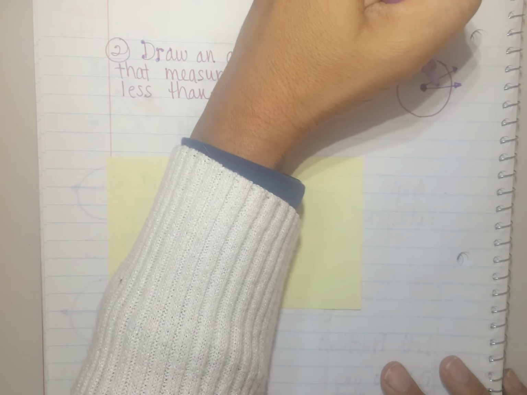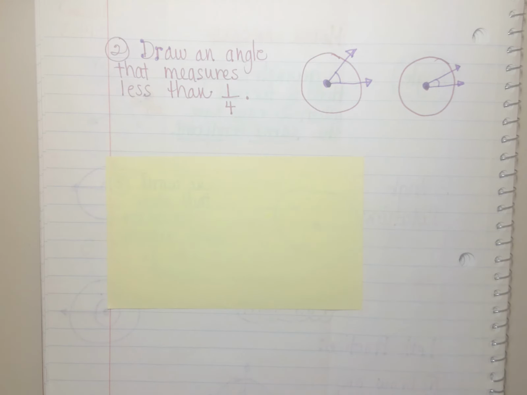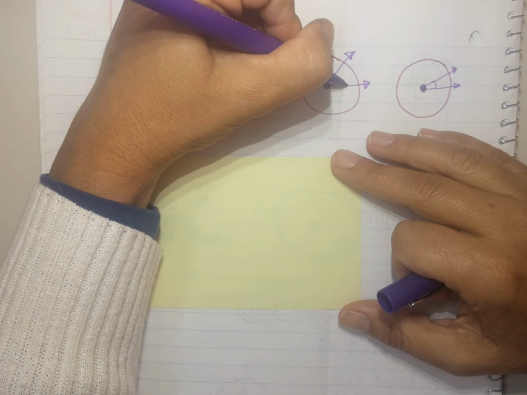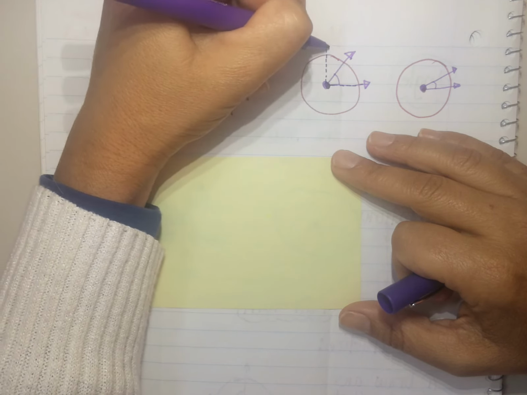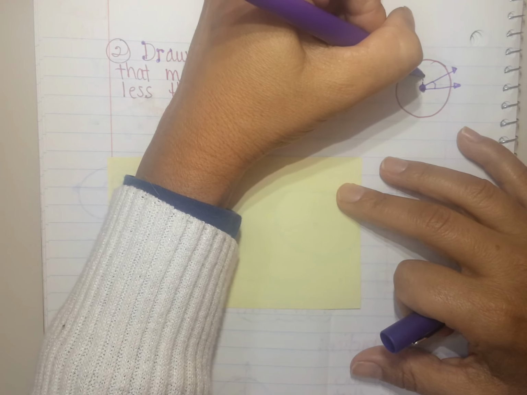Definitely a smaller angle than 1/4. And just as a reminder, 1/4 would have been straight up this way. And you've got your 1/4 here. That would have been 1/4. Same goes for this one.